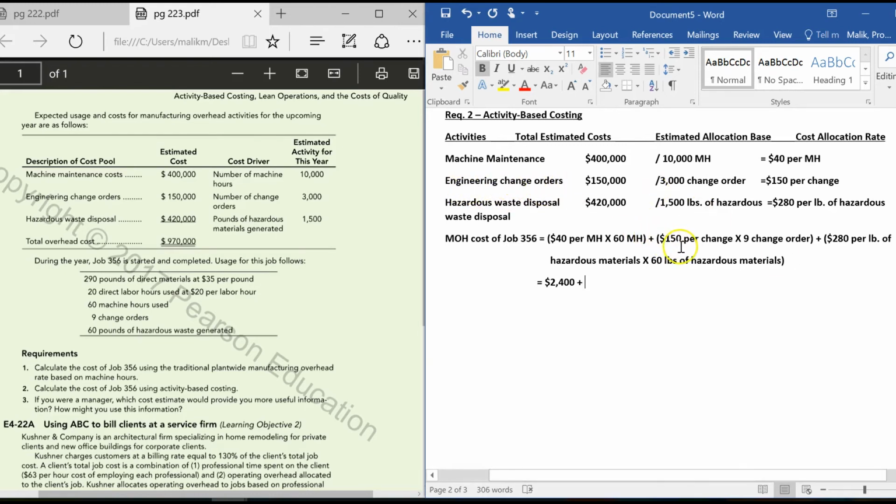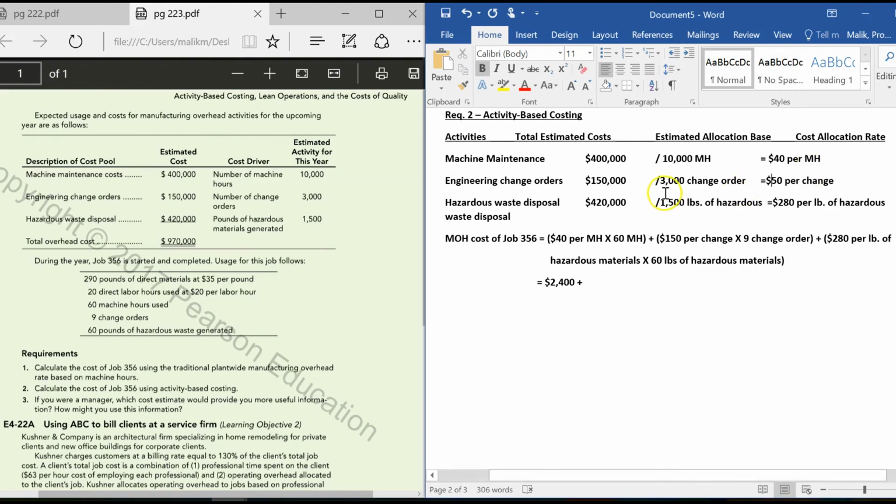Our engineering change order cost is 150 times 9. There is a typo, it's actually $50 per order.